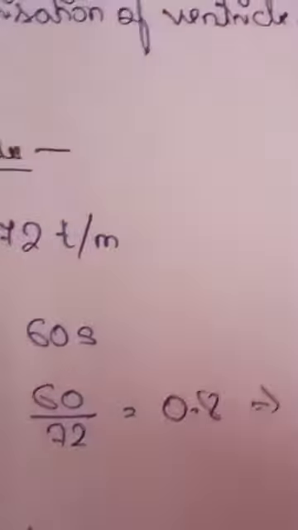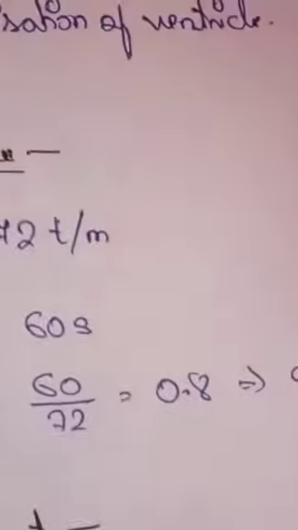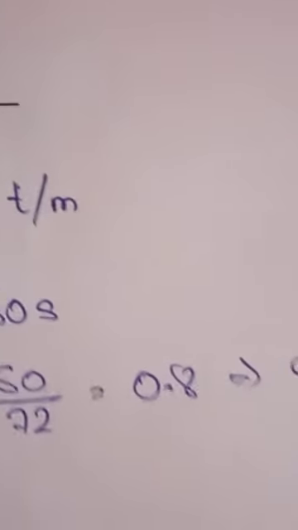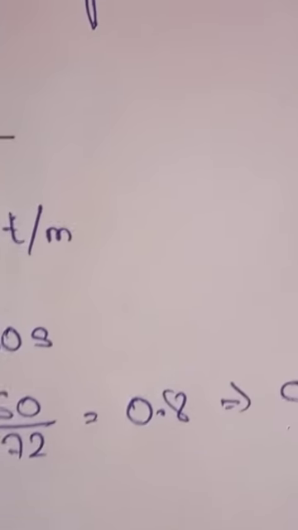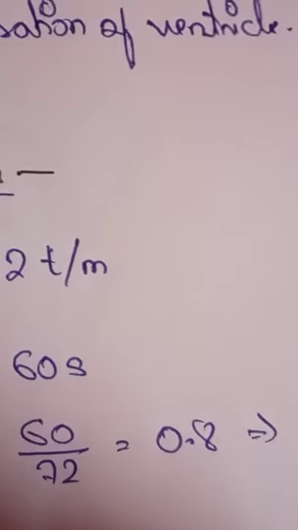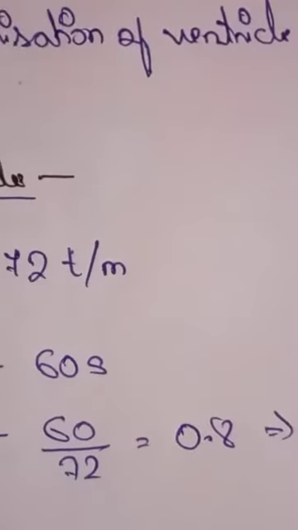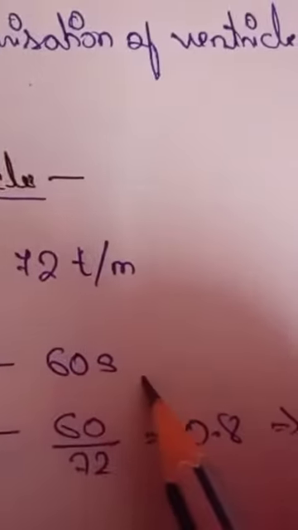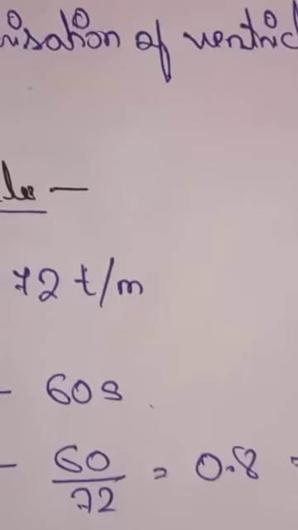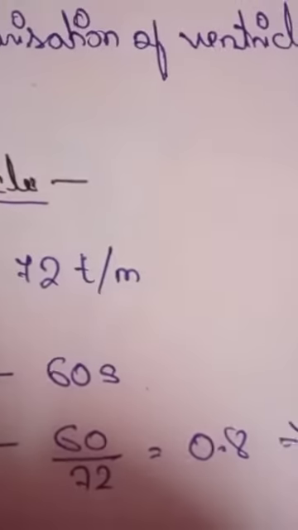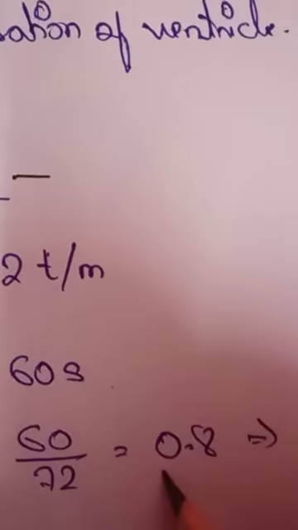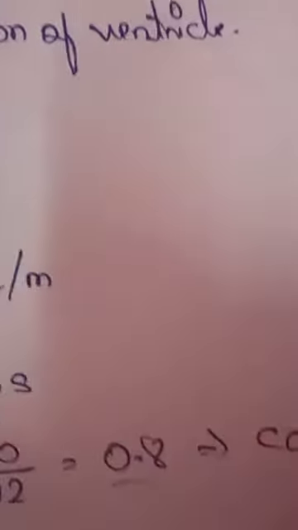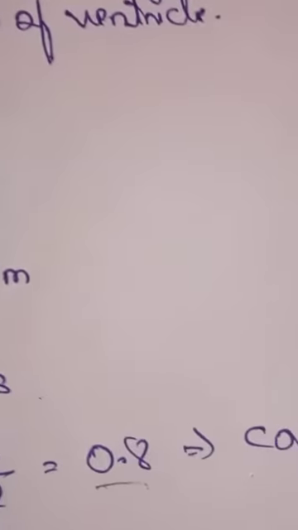Now the cardiac cycle. The cardiac cycle is when our heartbeat is 72 times per minute. So 72 beats per 60 seconds, meaning 1 minute, so 0.8 second is one cardiac cycle.